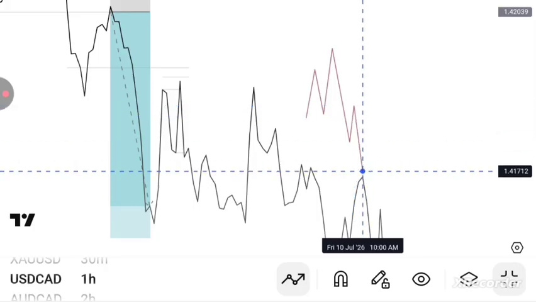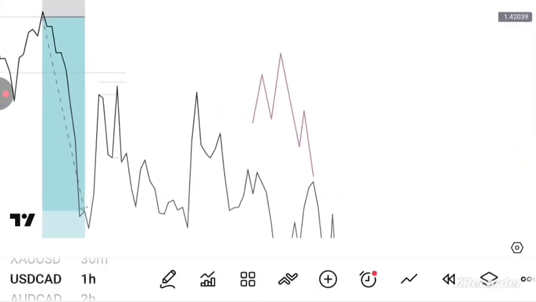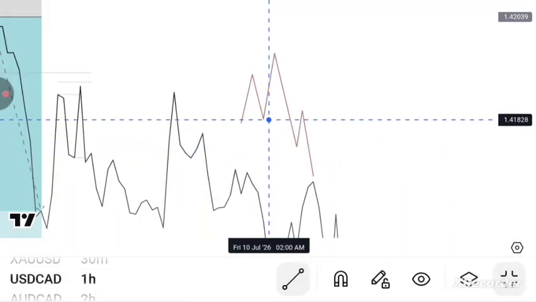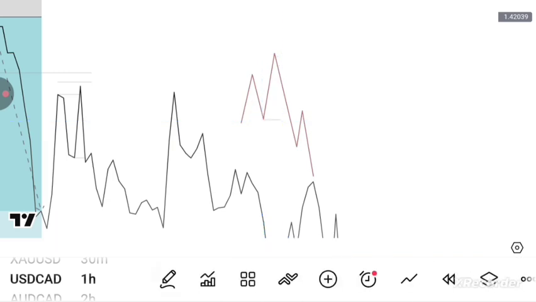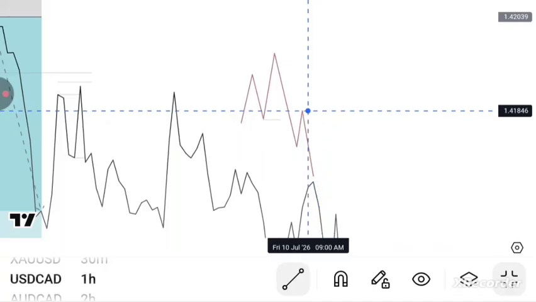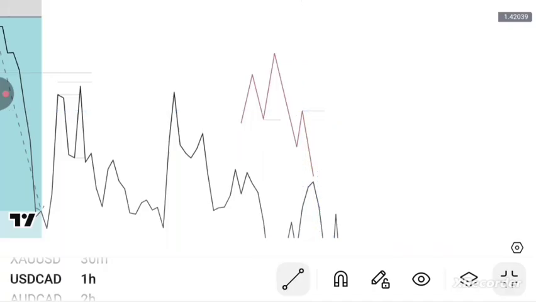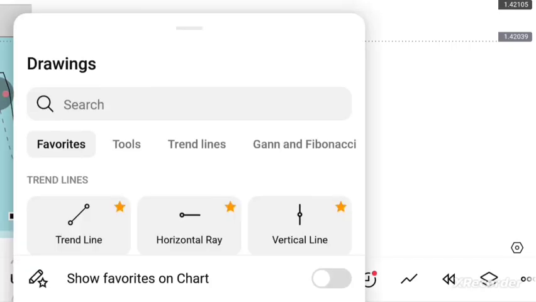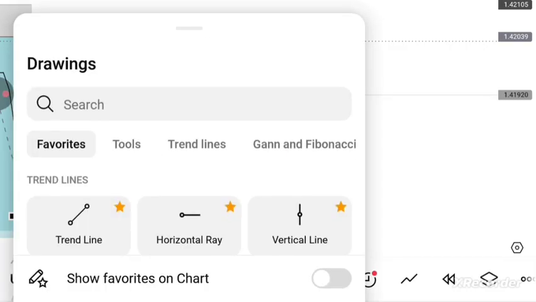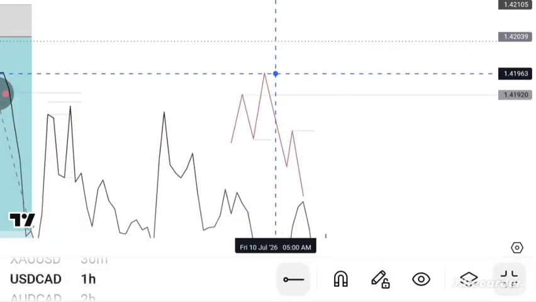So after the break of structure, the first pullback is usually what? The liquidity. So advanced market structure is telling us to wait for price to return back to any key level. This is the break. The first pullback is inducement or liquidity, right? So it's either price will return back to this shoulder level or price will come back to this head level.